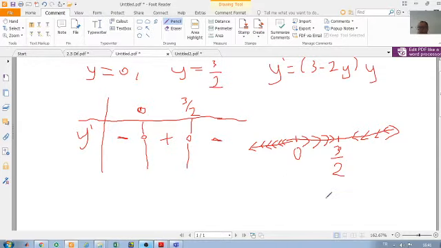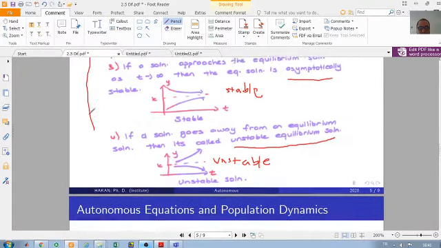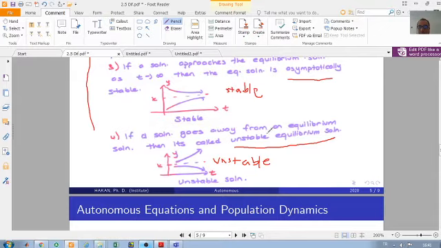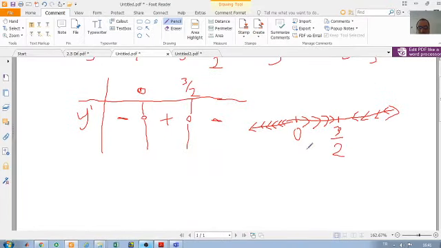So you see the equilibrium solution y equals 0 is unstable, because according to the definition written here, the solution goes away from an equilibrium solution. Therefore we say it is unstable by using the phase line.